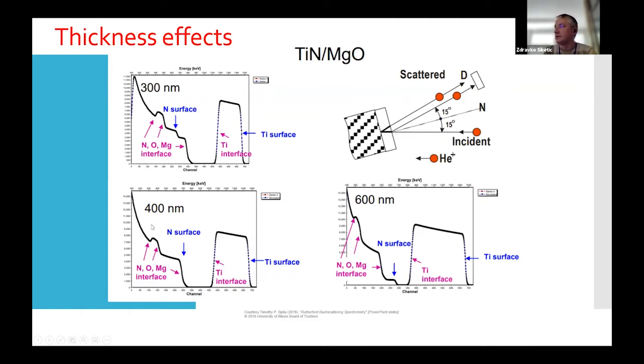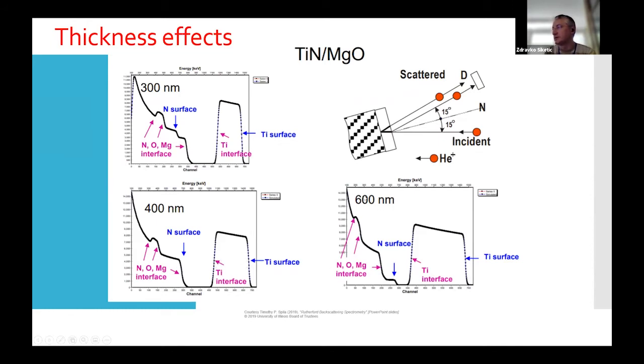If we go to a thicker layer, let's say 400 nanometers, you can see immediately that this is much wider in energy. On the x-axis, this is the energy in ADC channels. So for the thicker layer, you also have a longer energy profile.